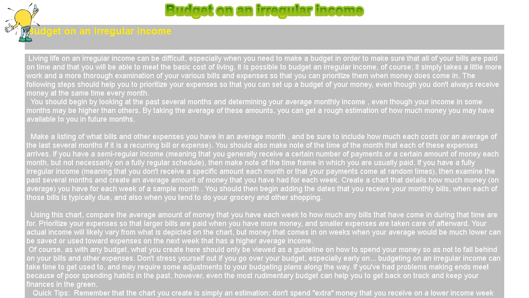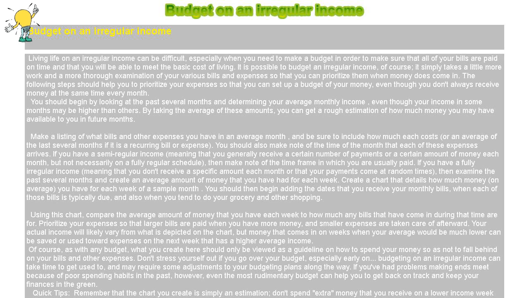If you have a fully irregular income, meaning that you don't receive a specific amount each month or that your payments come at random times, then examine the past several months and create an average amount of money that you have had for each week.